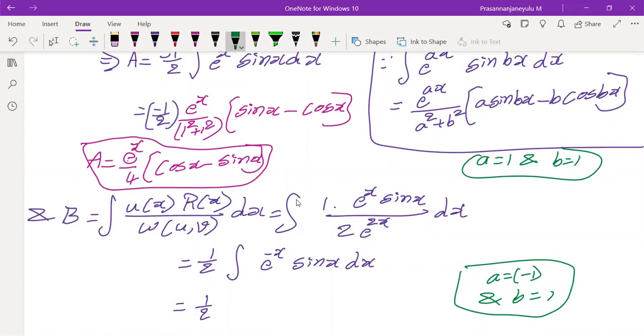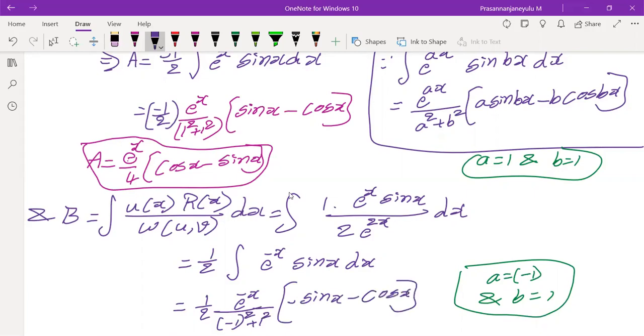Then it becomes e power minus x by minus 1 whole square plus 1 whole square as the denominator part, into the a value, minus sin x, minus the b value, plus 1, so cos x.